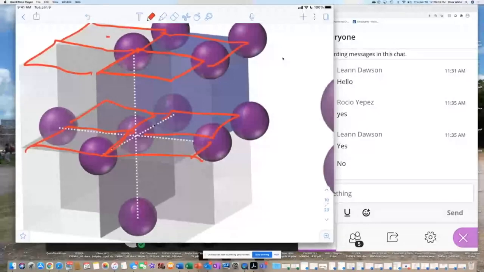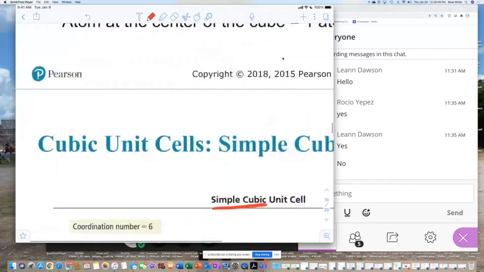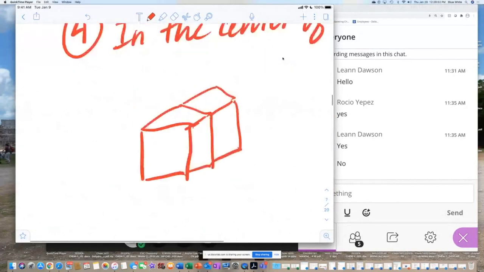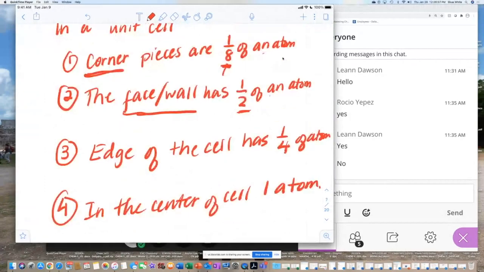For the ones that are on the wall or the face, you essentially see one atom dividing two. So one atom right here divided between 2 unit cells. So let me put it to you like this. The bottom number that I was talking about here shows you the number of unit cells that the atom is divided between.